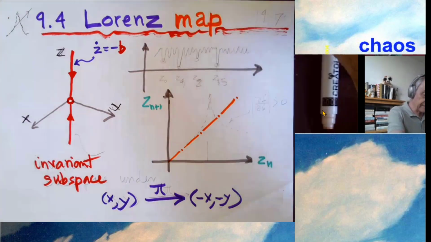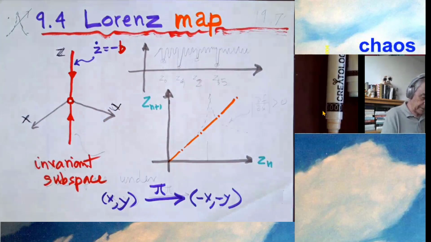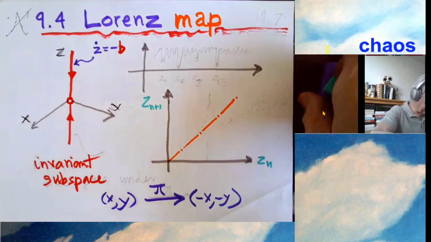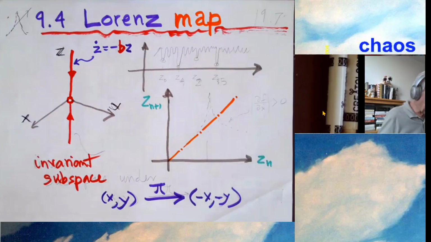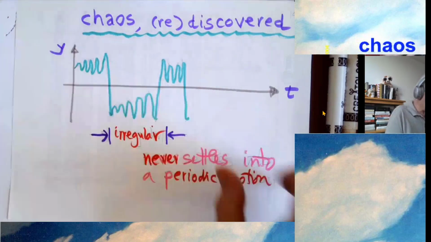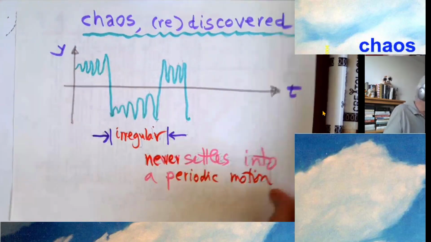Now, whenever there's a symmetry, you want to look at things that are invariant under it, and it turns out z is a natural coordinate to do that. What Lorentz did is he looked again at this sequence in time that's jumping, but he did it for the z-axis.